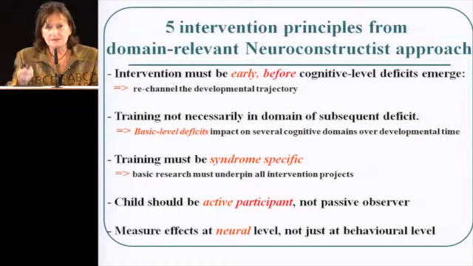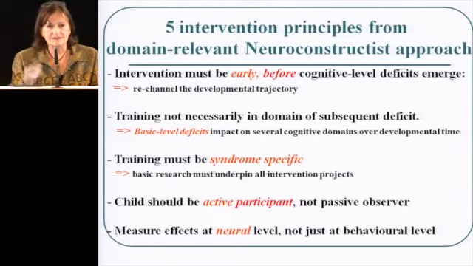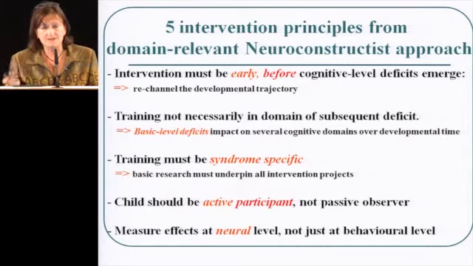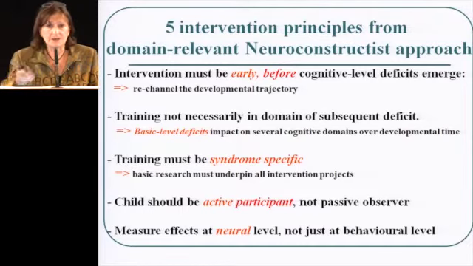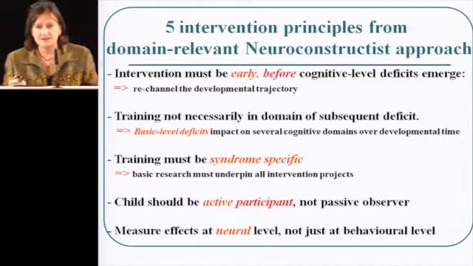So first, what stems from this is that intervention should be early, before the cognitive level deficits have had time to consolidate. You get in on lower level processes much earlier. Training shouldn't necessarily be in the domain of deficit. So you know that the child might have dyslexia because they come from a family where dyslexia has been prevalent, and we know it has a genetic basis.